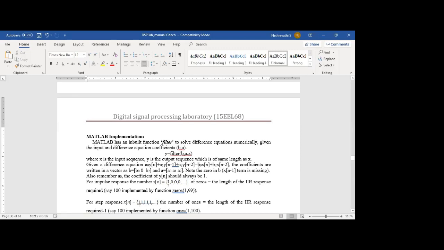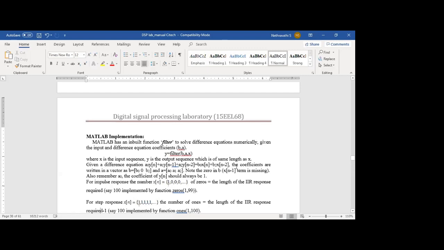Okay, so I'm just taking one difference equation here. Given a difference equation, a naught into y of n plus a1 into y of n minus 1 plus a2 into y of n minus 2, which is equal to b naught into x of n plus b2 into x of n minus 2. We don't have a term b1 here.